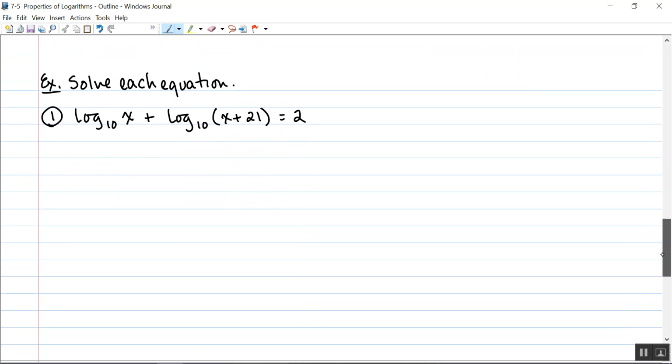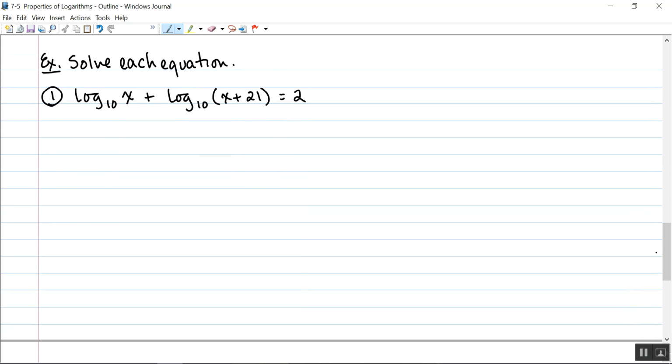And now we have a couple equations to solve. Here we have log base 10 of x plus log base 10 of x plus 21 equals 2. So I'm going to use the product property in reverse. Since these bases are the same and I have addition here, I can write this as log base 10 of x times x plus 21, and that equals 2.